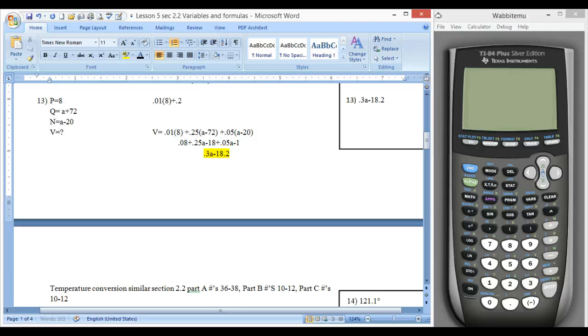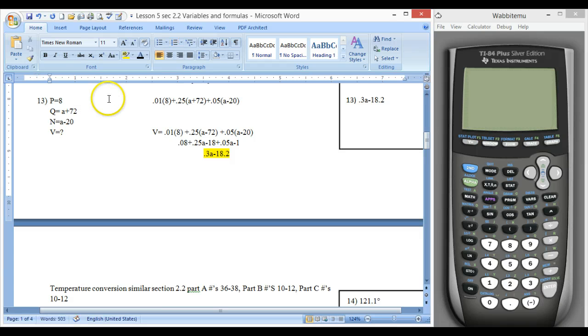Quarters. Quarters are 0.25, and parenthesis with how many I have here. I have A plus 72. Close parenthesis. Add. The next value I have are nickels. Nickels are 0.05, and within here I have A minus 20. There we go.